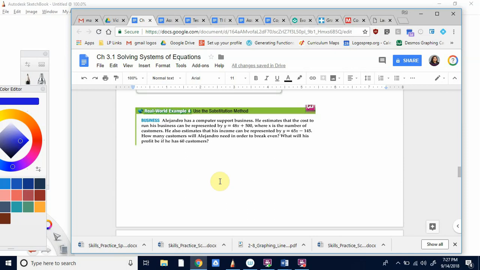How many customers does he have to break exactly even? So we take those two equations, y equals 65x minus 145, and y equals 48x plus 500. Now, we just take one of the equations and solve for either y or x.